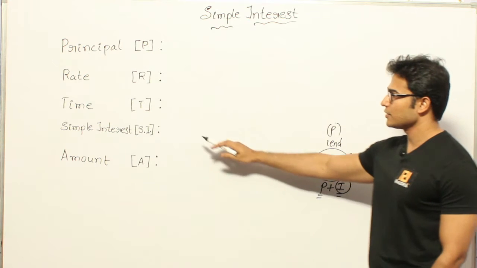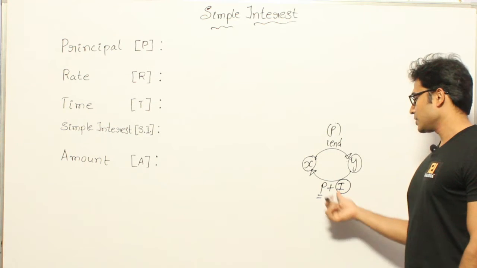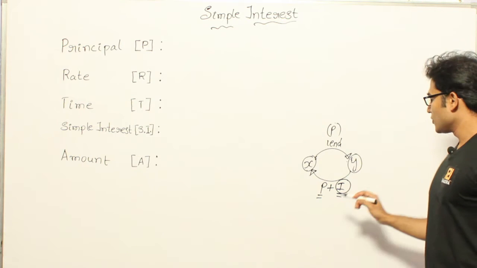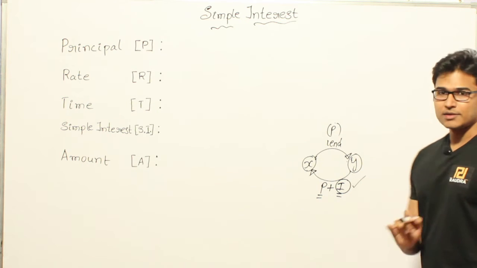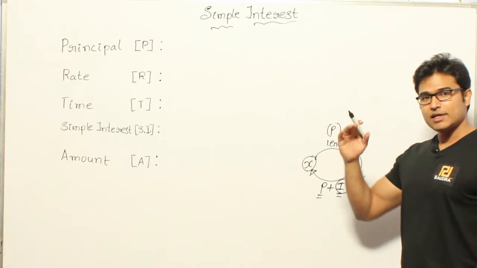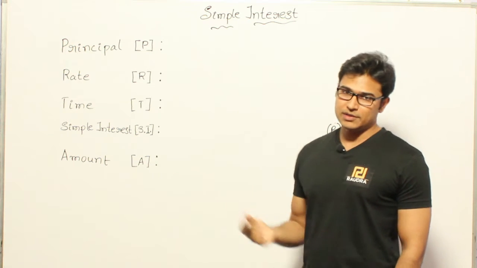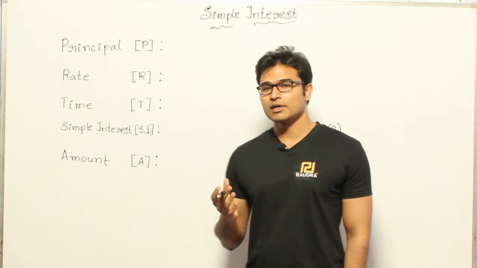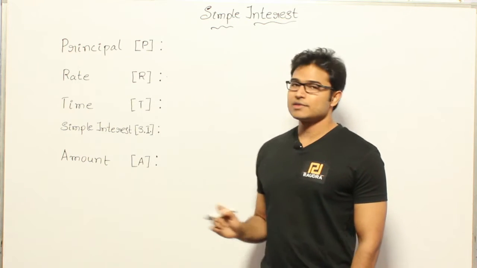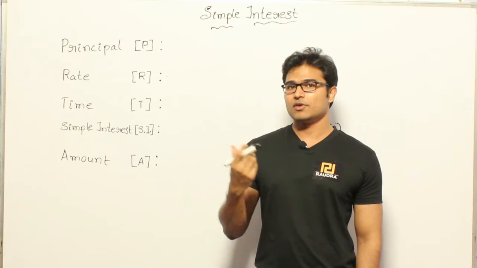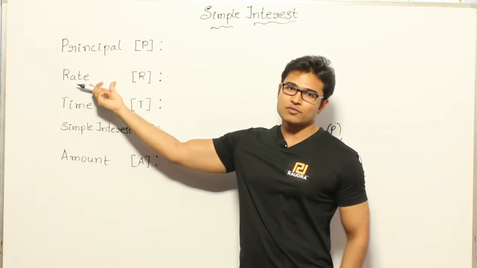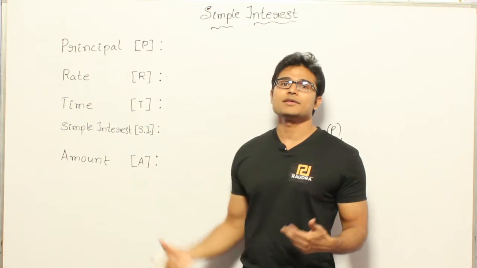So simple interest is nothing but the extra money you are getting from Y. Now this is the profit you are making, isn't it? So just like how you measure the profit in percentages, here also you are going to measure the interest in the form of a rate. So rate is the percentage that you are going to make. Generally they say that we are making some profit of this much, so similarly here it is called the rate.